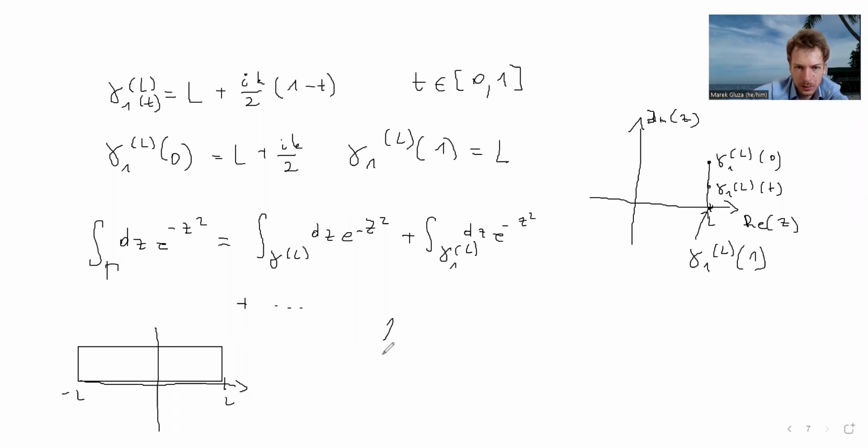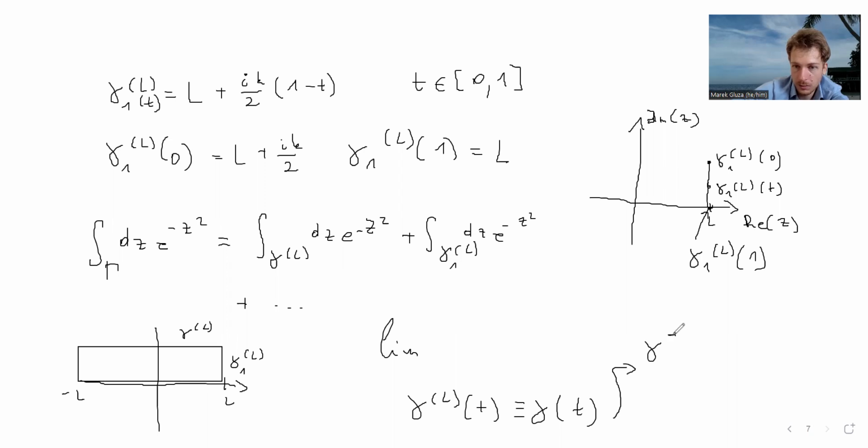Now what we can show is the limit. So this will be gamma 1 of L, and this is gamma of L, which is just a restriction of gamma. So gamma of L of t is exactly gamma of t, but the difference is that we restrict the domain. So t is from minus L to L, into the complex plane.